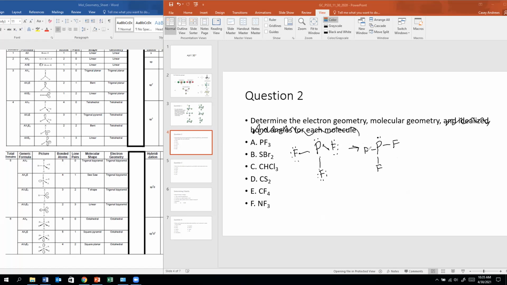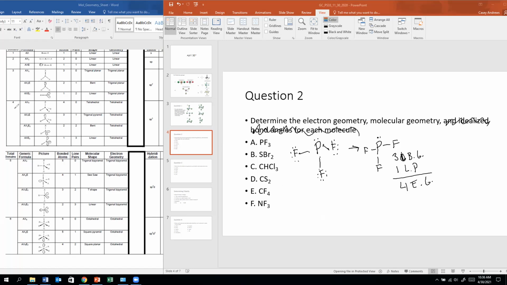But this is PF3. And if we look, PF3 has 3 bonding groups, 1 lone pair, for a total of 4 electron groups.